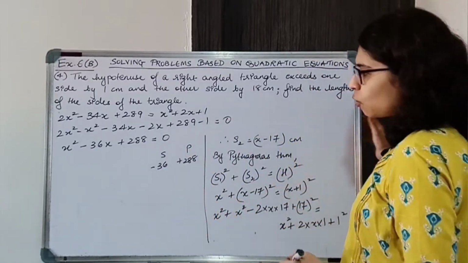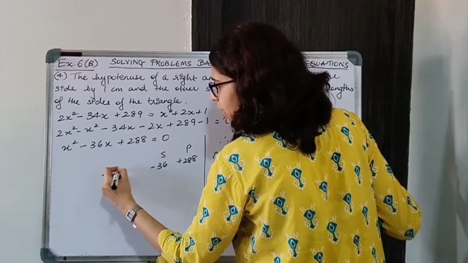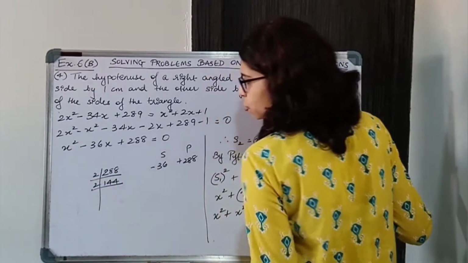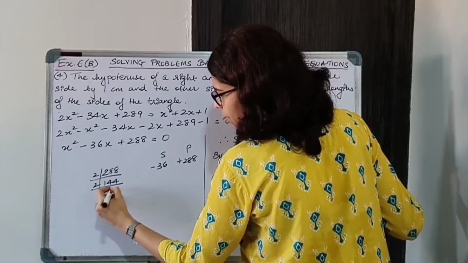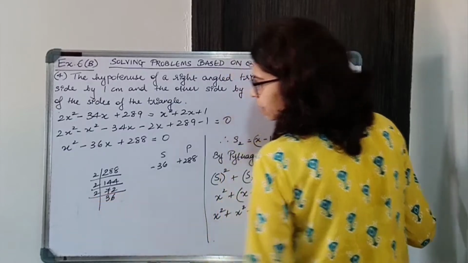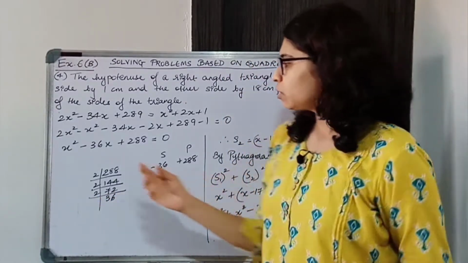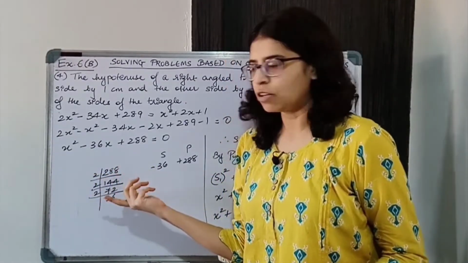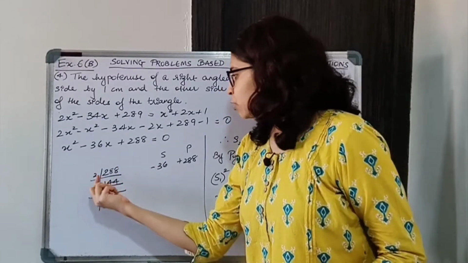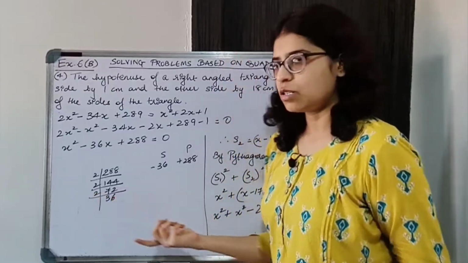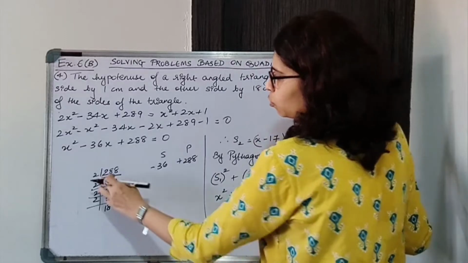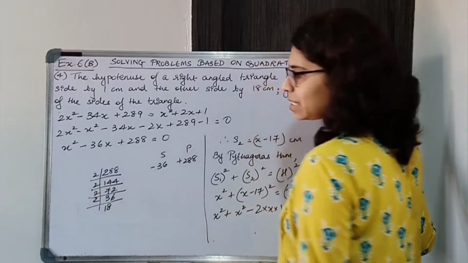Okay, so factorize 288. 2 144s are, 2 72s are, 2 36s are. So far the sum is not giving you 36. 2 and 144 you cannot add, you will get a bigger number. 2 into 2, 4 and 72, no. 2 2s are 4, 4 2s are 8, 8 and 36, no. 2 18s are, so 2 2s are 4, 4 2s are 8, 8 2s are 16.